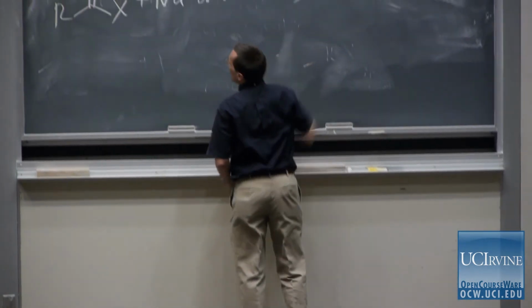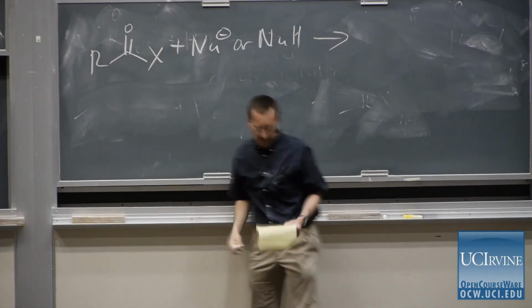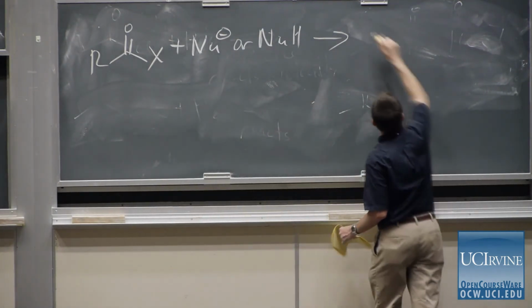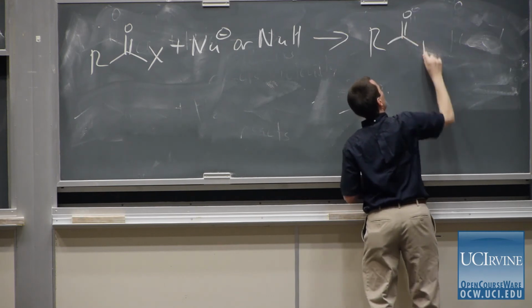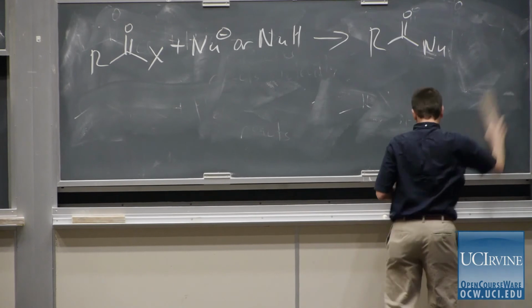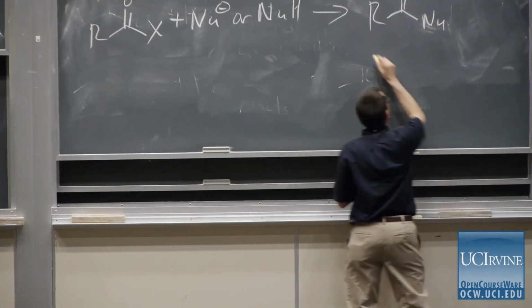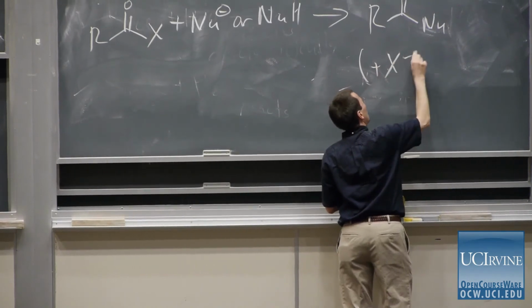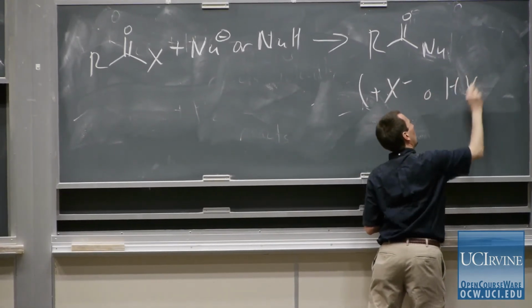In general, a common theme is that the group on the carboxylic acid can, under some conditions, get replaced. It can get displaced by a nucleophile. And if I'm going to write a balanced equation, I would also say plus X minus or HX.